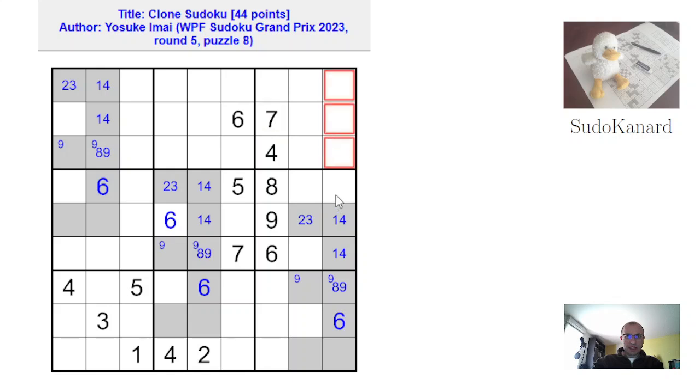This 7 is not here, so it must be in one of those two places. Well, this still looks possible. So what about those? Those are different from 1, 4, 6, 9, 2, and 3. So they are from 5, 7, and 8.